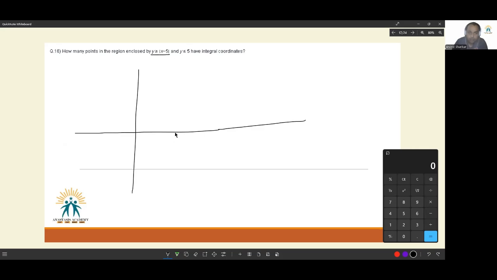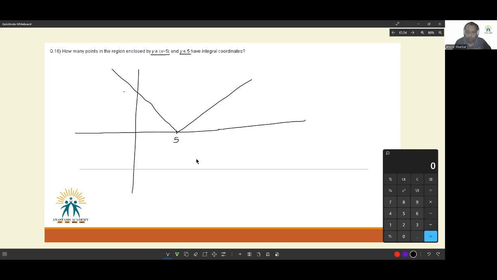The graph will go something like this: at 5, slope of 1, slope of 1 will keep on going, and y is less than or equal to 5 would mean the other line is y is less than or equal to 5.